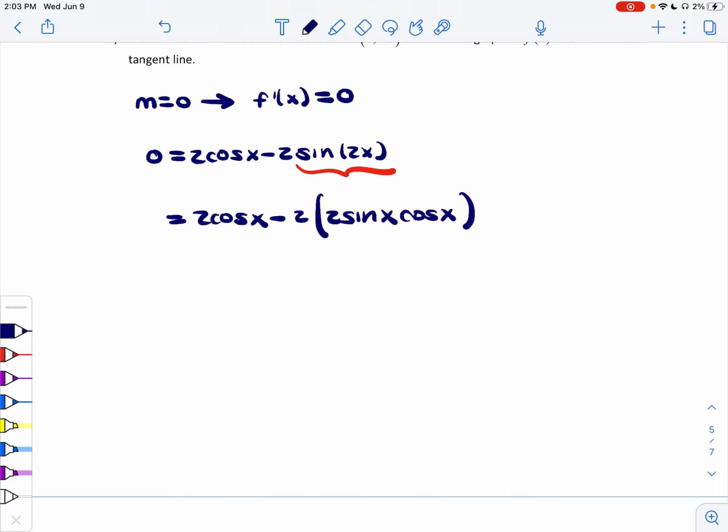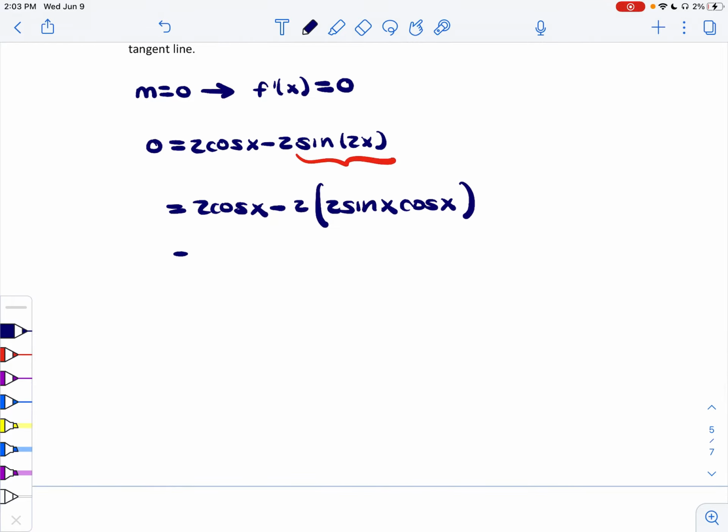Okay, that's our double angle identity from trig. So this is then just 2 cosine of x minus 4 sine of x cosine of x. Okay, remember this is set equal to 0.